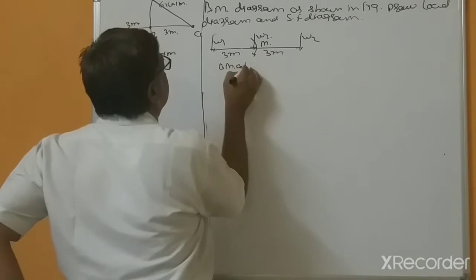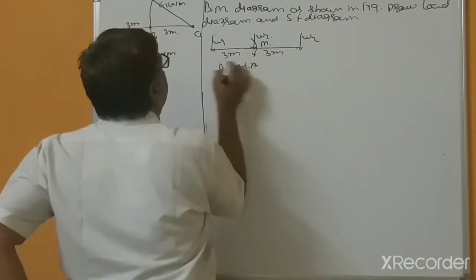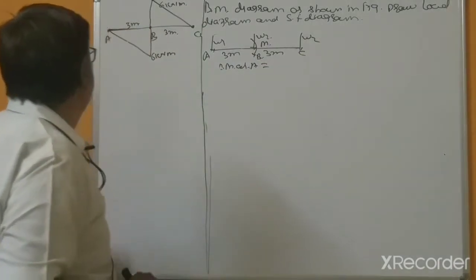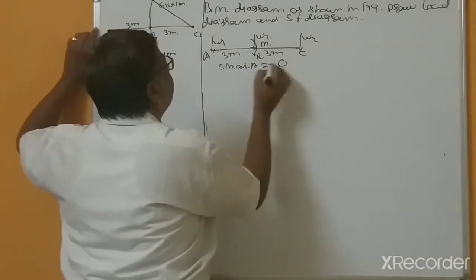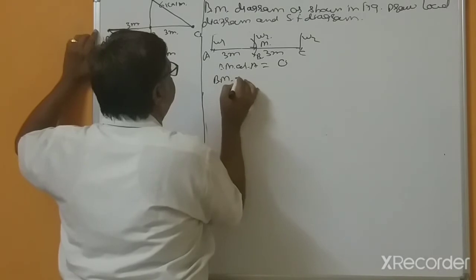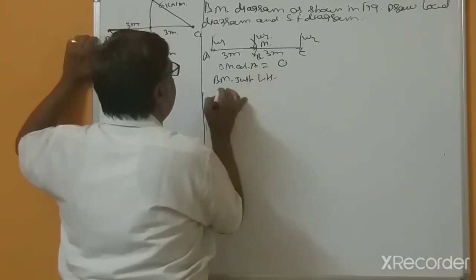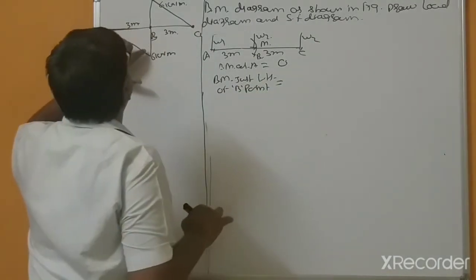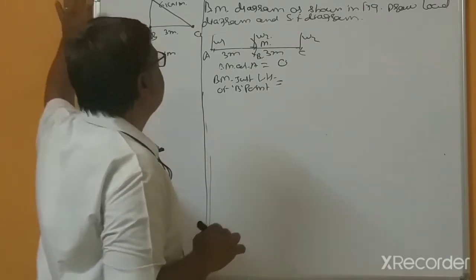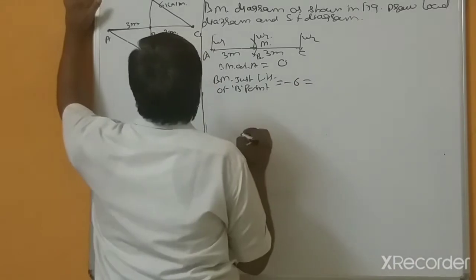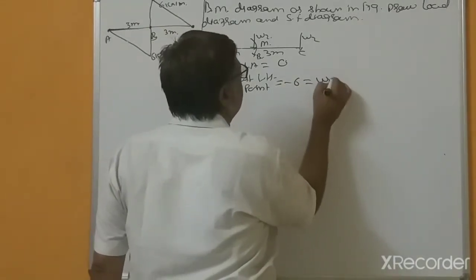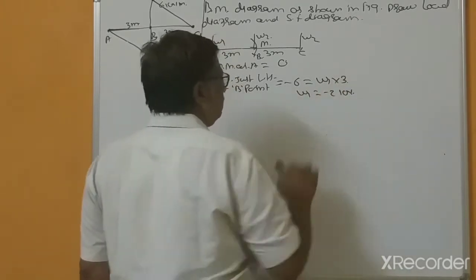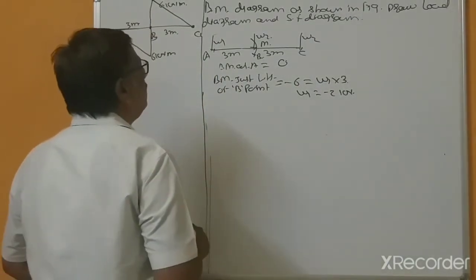Now bending moment at A point is 0. Bending moment just left hand side of B point is -6, equal to W1 into 3. So W1 equals minus 2 kilonewton.